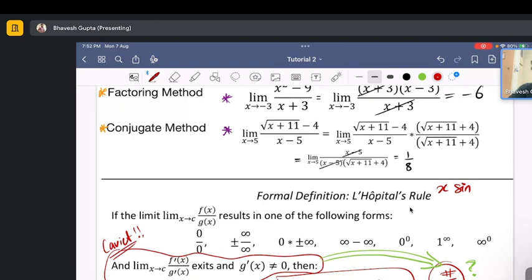Yes. No, the problem is, let me write down some function. For now I'm just interested in the idea. Let's say this function goes to infinity, and this actually goes to 0, for example as x goes to 0.